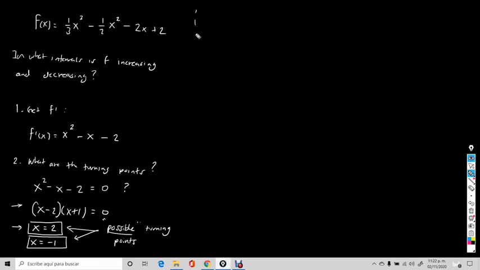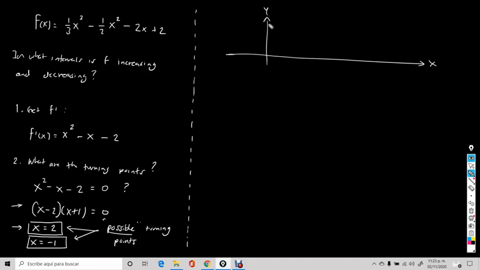Let me continue over here. And now all I need to do is this. Basically, these turning points divide my domain, which is the x-axis. Remember, we're not gonna draw the graph. I'm just sketching right here. These 2 points divide my x-axis into 3 parts. Okay, x equals minus 1 is over here more or less, and x equals 2 is over here more or less.